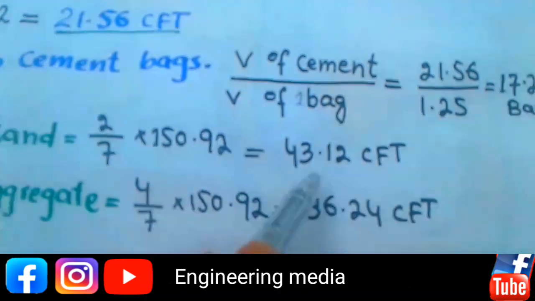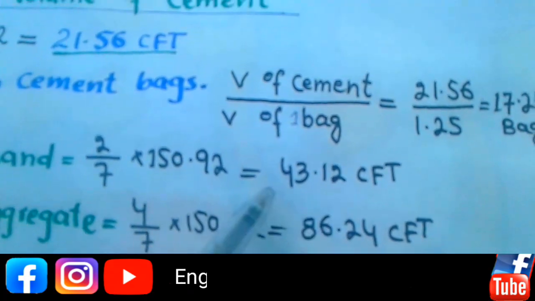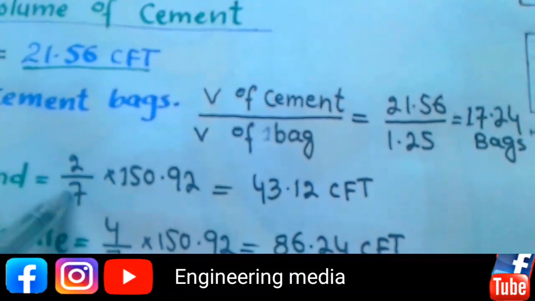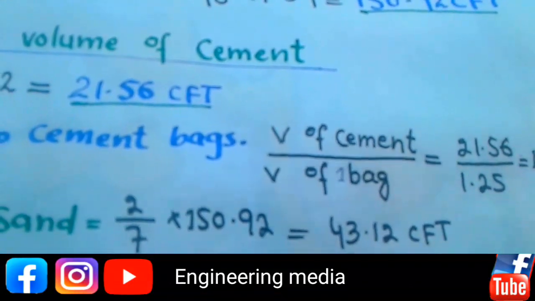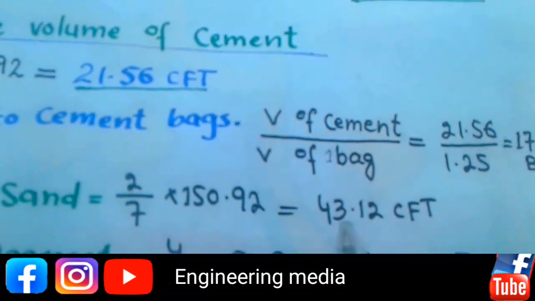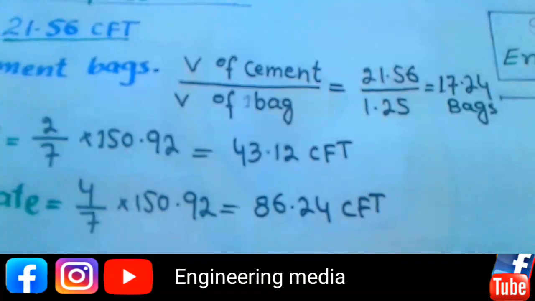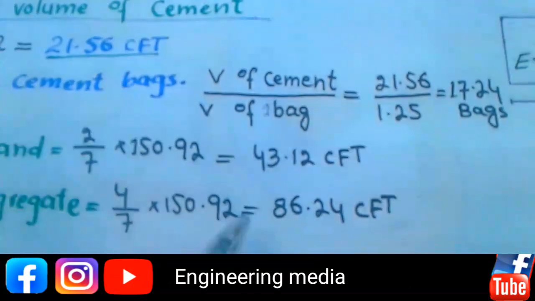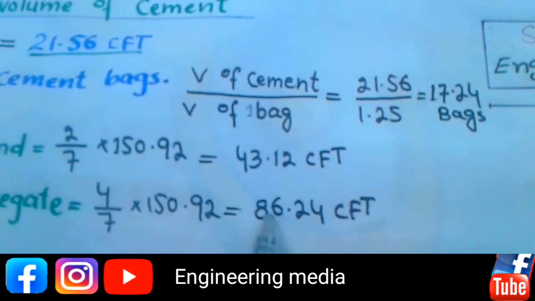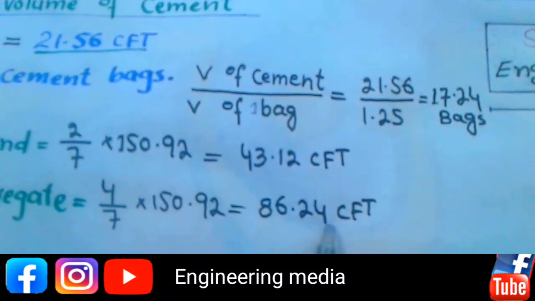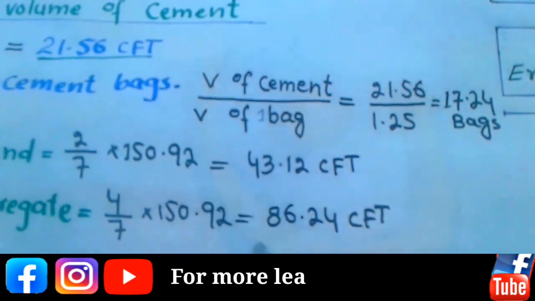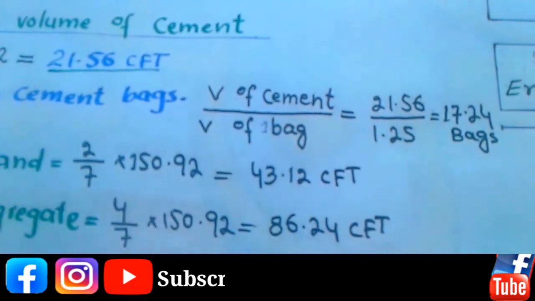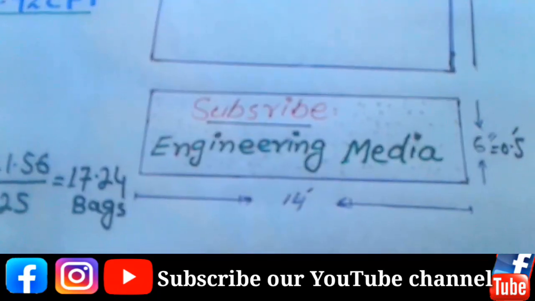This is our necessity per slab, but we have at least 50 CFT present at a construction site. The required value of aggregate per slab is 86.24 CFT, but at least 90 or 95 CFT is present at a construction site. So these are the most acceptable values.